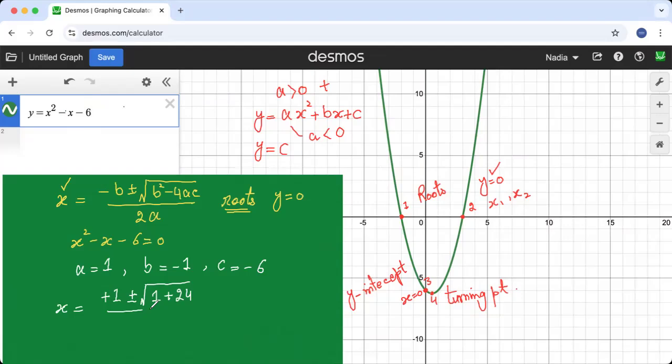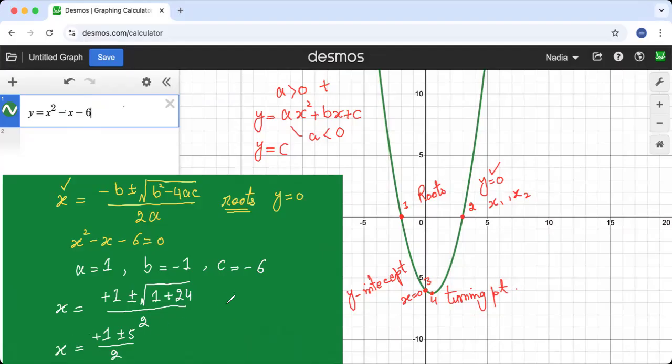Now this whole is divided by 2a, a is 1, so by 2. Now we can solve it. So this one is +1, plus minus square root of 24 plus 1 is 25, square root of 25 is 5, divided by 2, that gives the values of x.